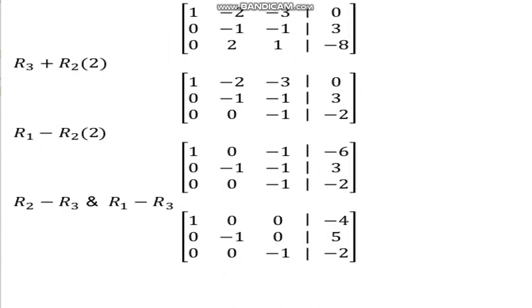Because we require the left side to be an identity, we further simplify this augmented matrix. For this purpose, row 3 plus 2 times row 2, and we get the new matrix 1, -2, -3, 0, 0, -1, -1, 3, 0, 0, -1, -2.